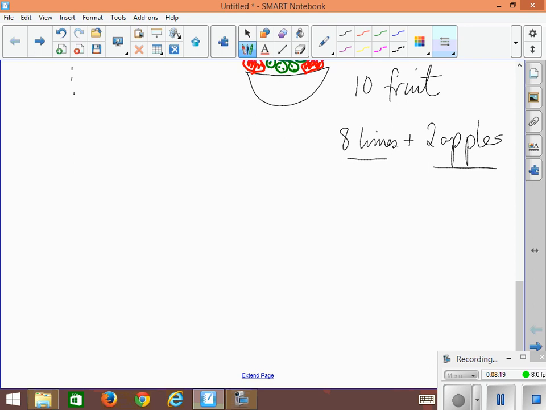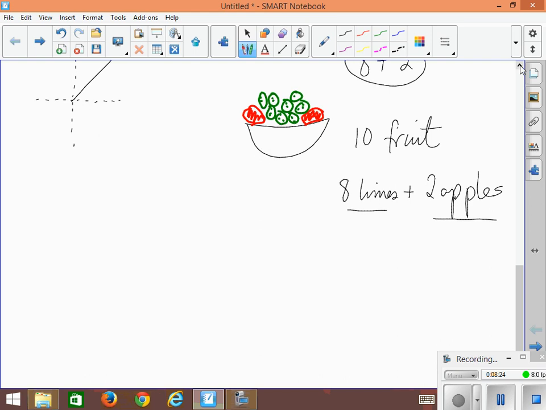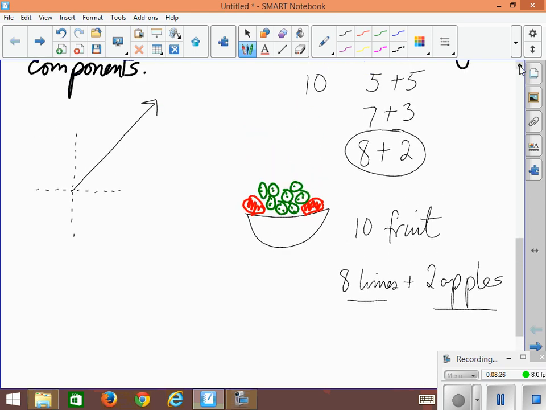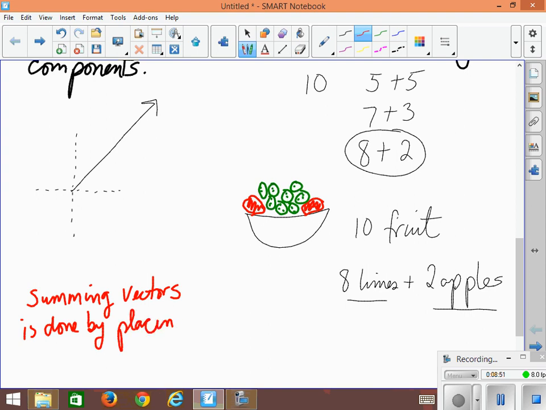Okay. What if we apply this same logic to a vector? All right? So we had our little vector up here. Let's go back to our picture of the vector right over here. And let's remember how we add vectors. Summing vectors is done by placing them in that famous position, which we all remember, tip to tail.